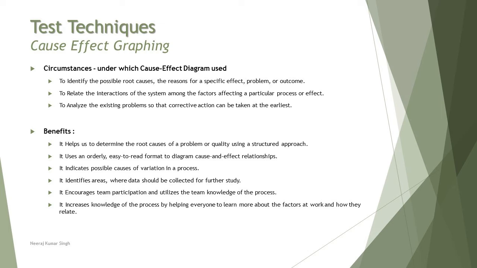It indicates possible causes of variation in a process. It identifies areas where data should be collected for further study. It encourages team participation and utilizes team knowledge of the process. It increases knowledge of the process by helping everyone learn more about the factors at work and how they relate. So these are some of the contributing benefits of using a cause-effect graph.